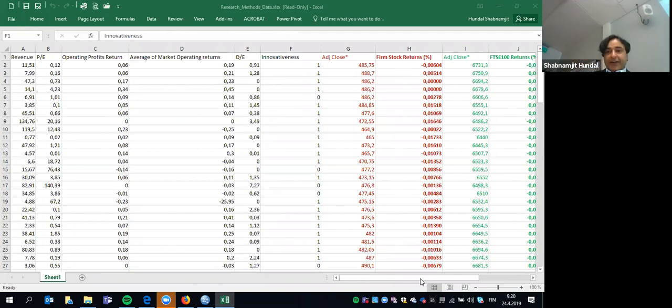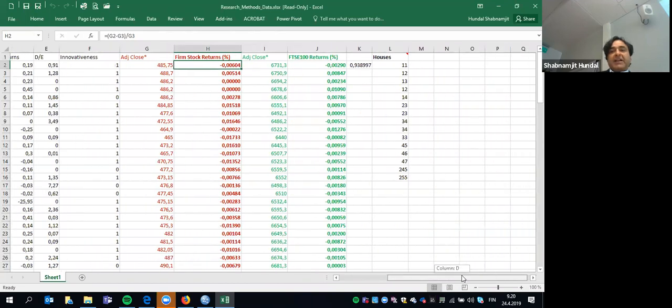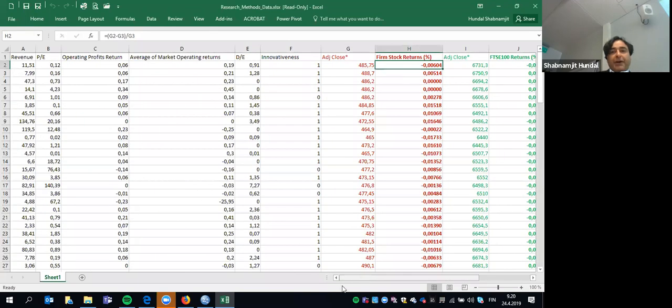The next variable which I designed is the closing price of the stock, how much return you get, and so on and so forth. There are some more variables, but that's not the point. The point is that before you go for actual calculation, you need to be aware of your hypothesis.